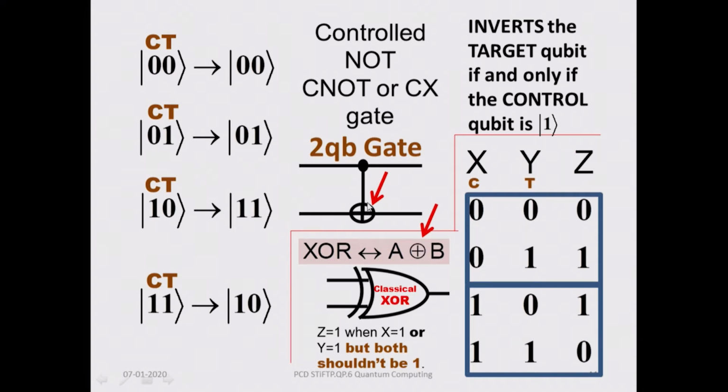That is the symbol which is used because of its correspondence. You see a 1-to-1 mapping between the control NOT and the exclusive OR operation of classical digital electronics.